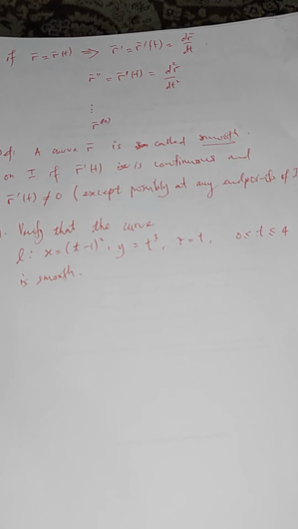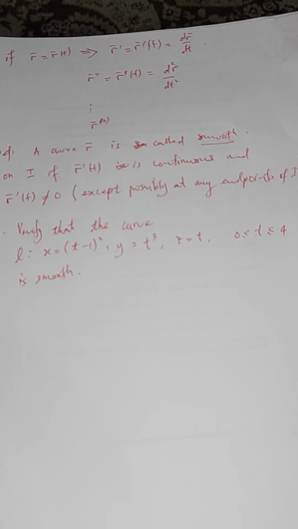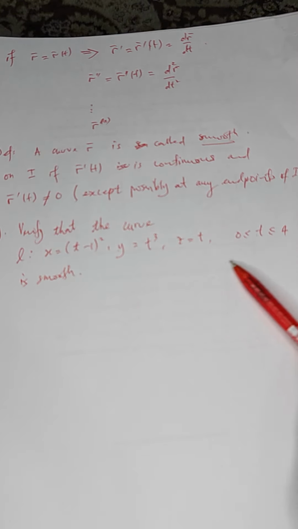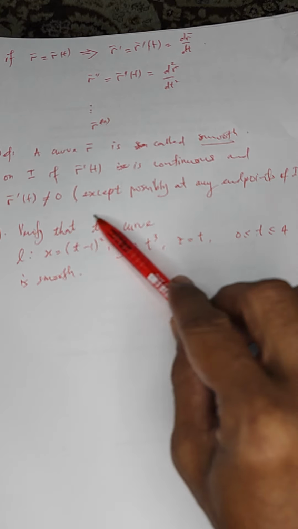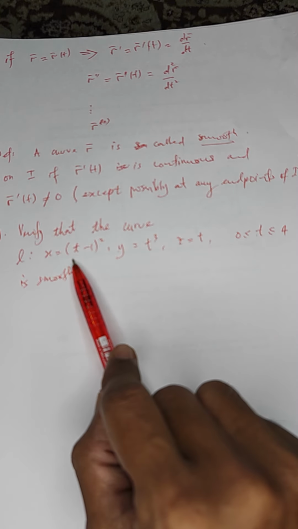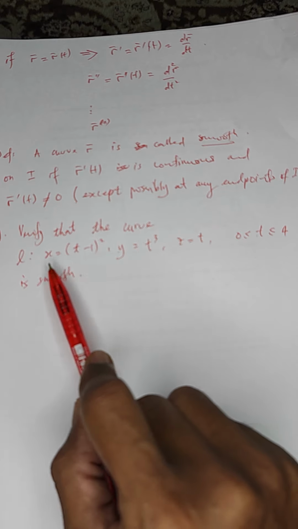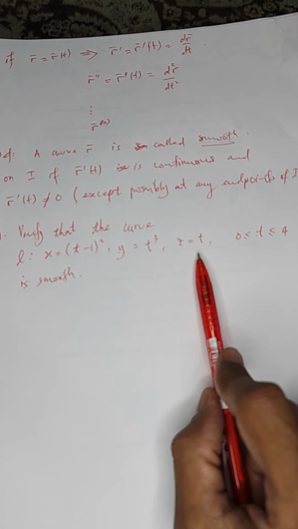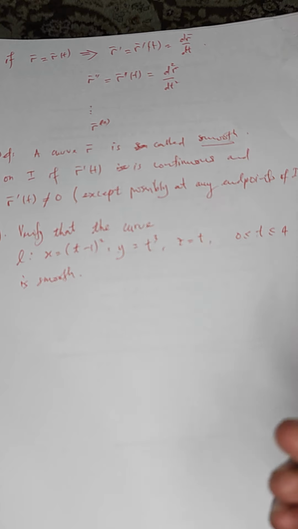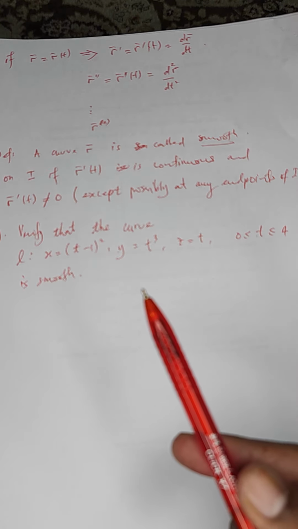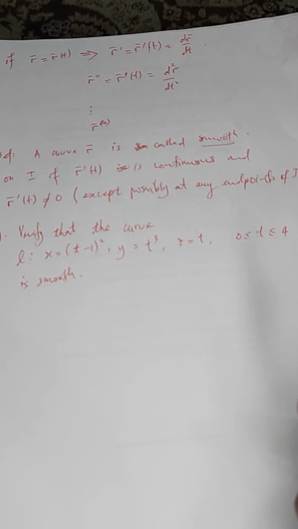So it is of course not difficult to show the smoothness of this given function or curve. You can write that as a vector function, or you can directly differentiate each of those components of this vector function, then show that these functions are continuous.